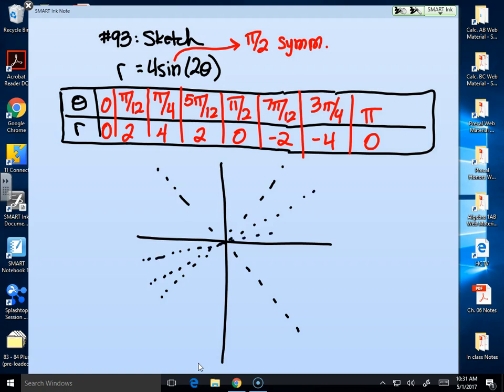Oh my goodness, those are going to be little baby guys. And over here, I have my pi over 4s, pi over 6s, and then my pi over 12s would be about half of that. Then I have my 5 pi over 6. This would be my 1 pi over 12, 2 pi over 12.